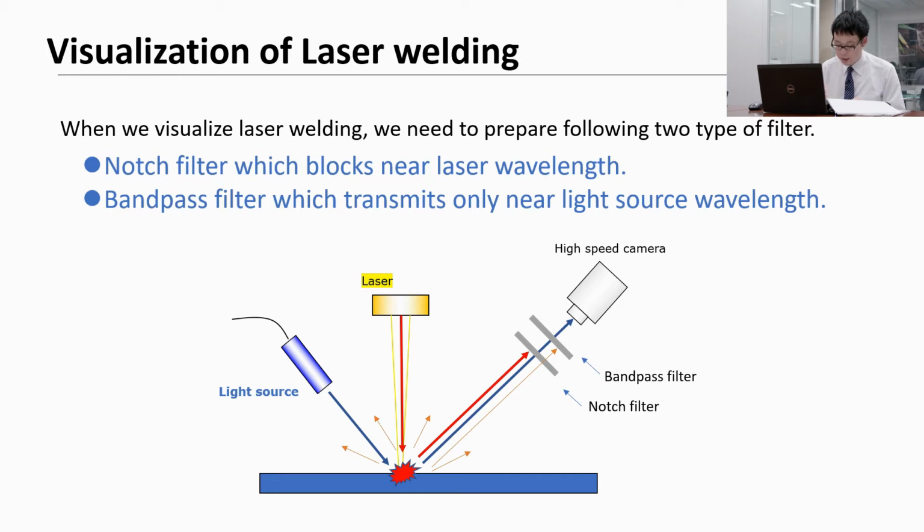Like this figure, by notch filter, we can block strong light of laser. And by bandpass filter, we can transmit only near same ranges wavelengths with light source and block strong light around the welding pool. We can visualize welding pool clearly using these two types of filter.